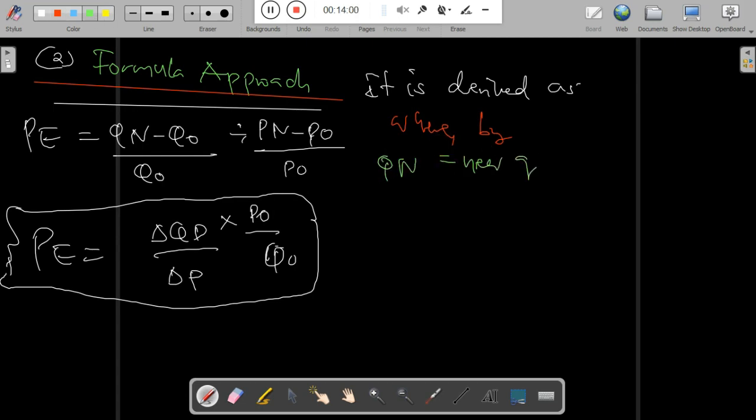Then we multiply by P over Qo. That is the common formula that we are going to apply under the formula approach. Qn represents the new quantity, and Qo represents the old quantity or base year quantity.